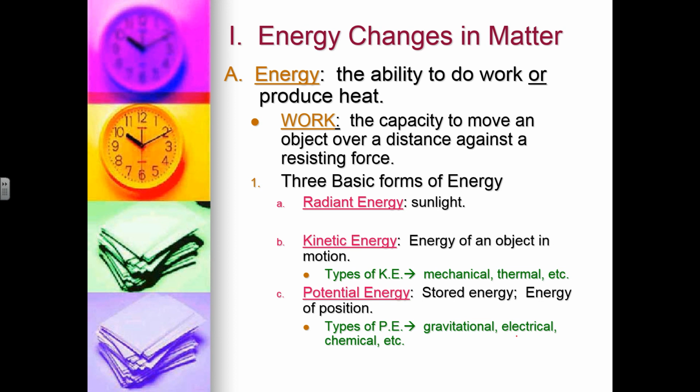Electrical energy can be potential. If you have a light switch turned off, then that's electrical energy being stored. But as soon as you turn the switch on, the electricity will begin to flow and it will then be kinetic. You also can have chemical energy, like in the batteries in your calculator.